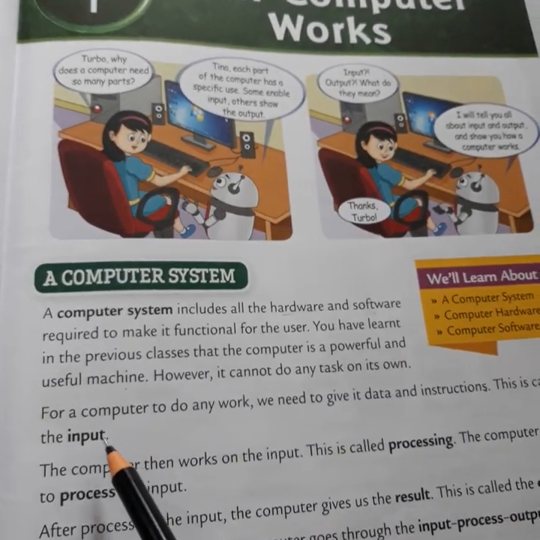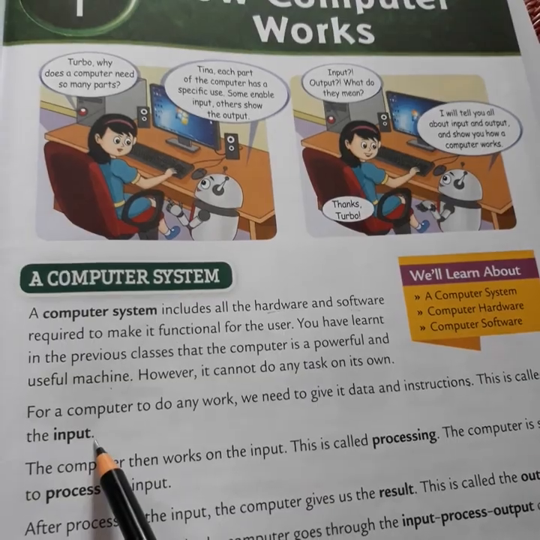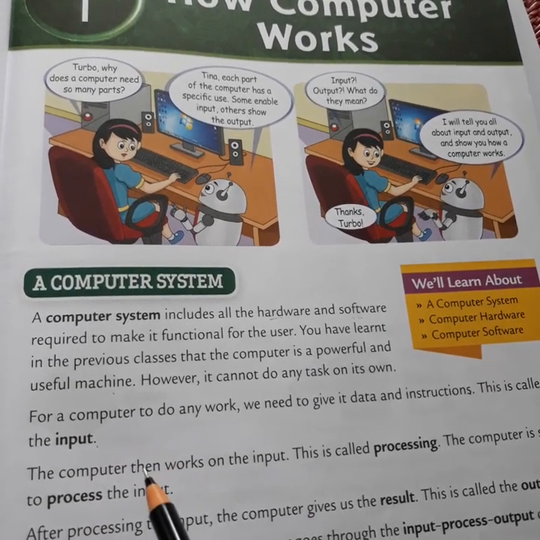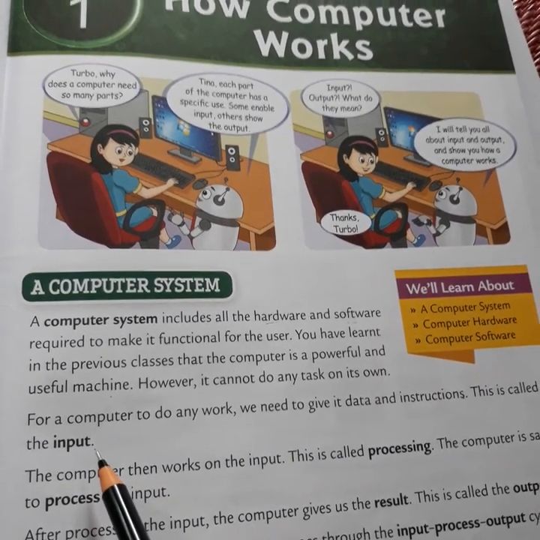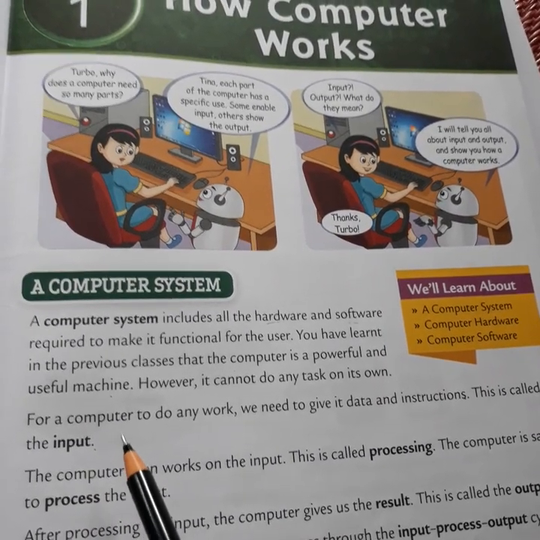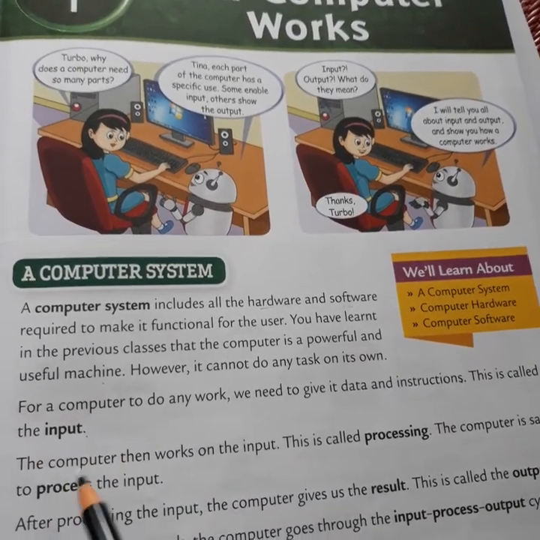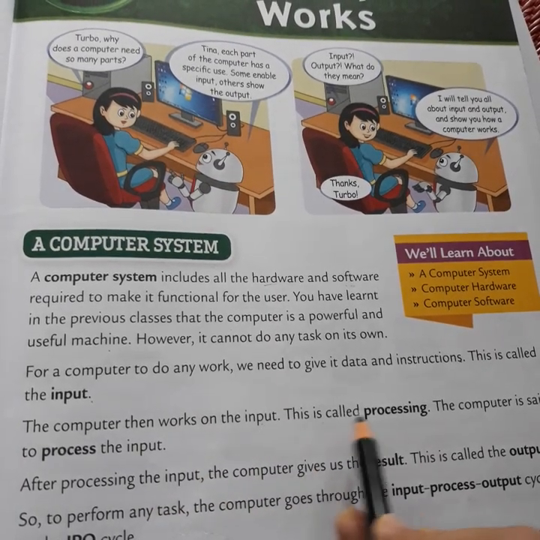This is called the input. Whatever instructions or data are given to the computer, it is only through keyboard or mouse. So that instructions or data given to the computer is called input. Then the computer works on the input. This is called processing.